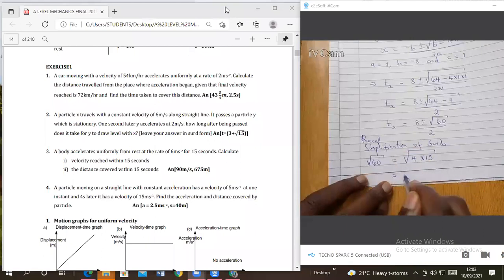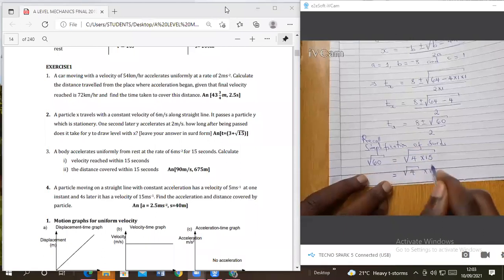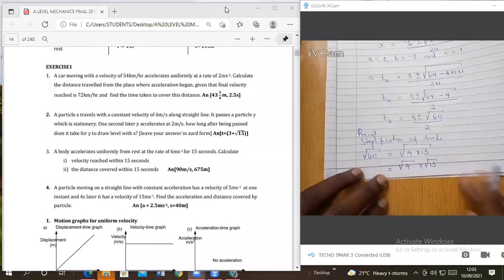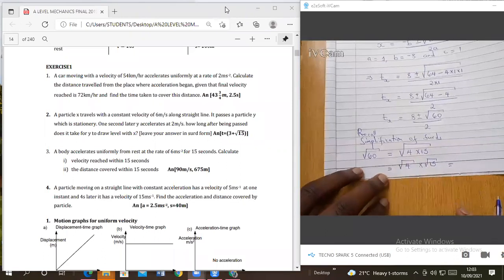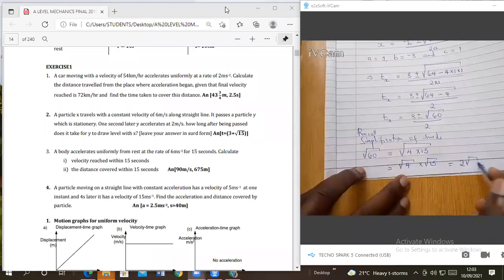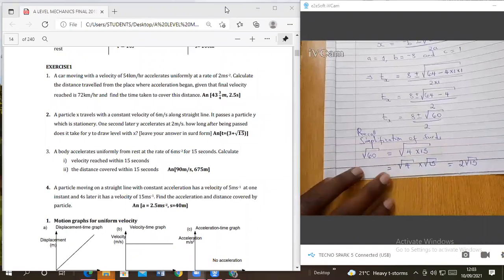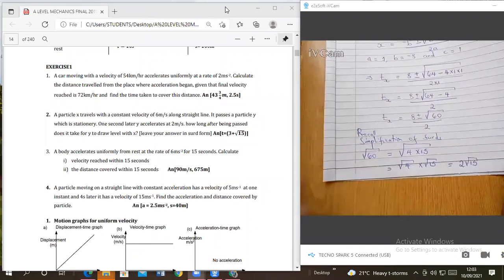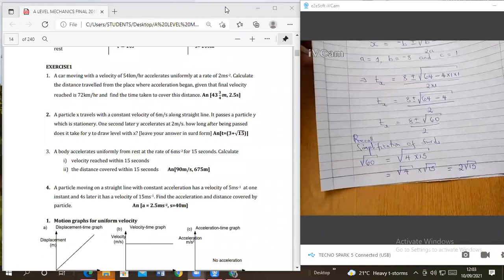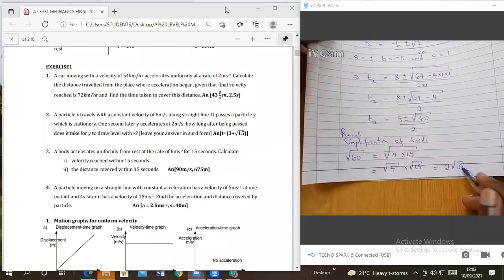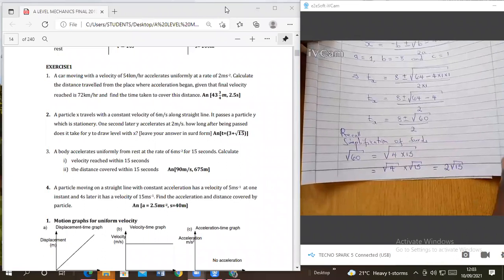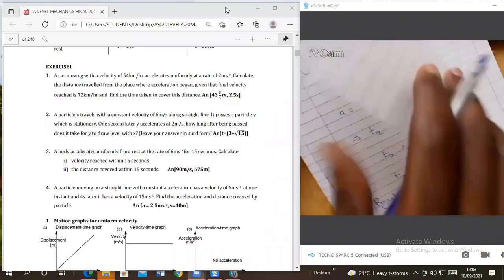So we shall have root of 4 times root of 15. We know the square root of 4 is 2, so it will give us 2 root of 15. We cannot simplify 15 further, so we cannot simplify it any more.